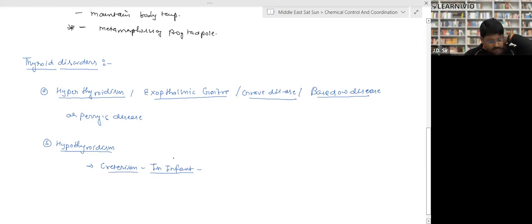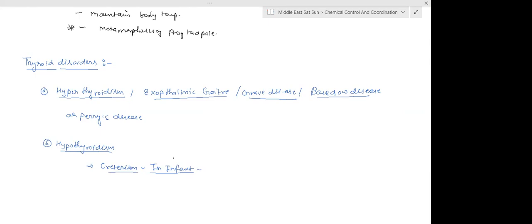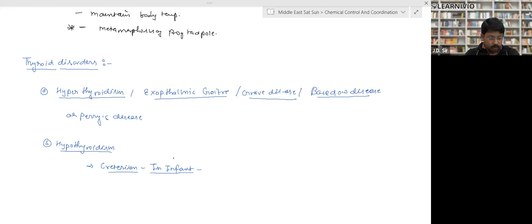What is cretinism? Slow body and mental development, or mental growth.